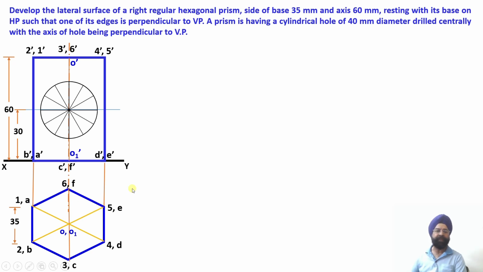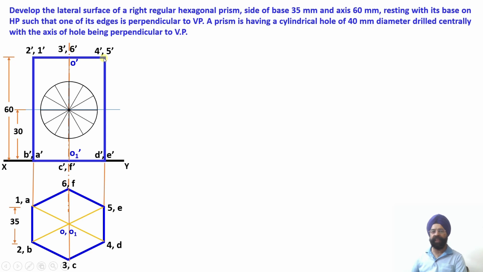So we can say that projections 2 dash B dash will be represented by a solid line, and they are going to cover up, they are going to overpower the hidden line projections corresponding to the edge 1 dash A dash. Similarly, the projections corresponding to 3 dash C dash will be represented by a solid line, and they will be covering the projections made by the edge 6 dash F dash in the front view, which will be dotted.